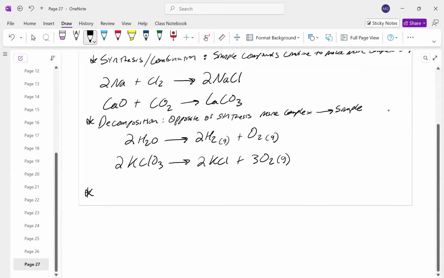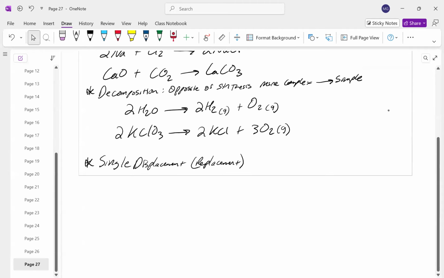Now, a third type of reaction we call single displacement, or another word that I'll use interchangeably with displacement is replacement. And you've observed these without even knowing that you're doing these kinds of reactions, but we can take zinc metal and put it in a solution of copper chloride.